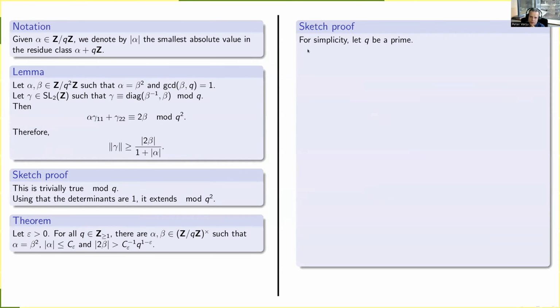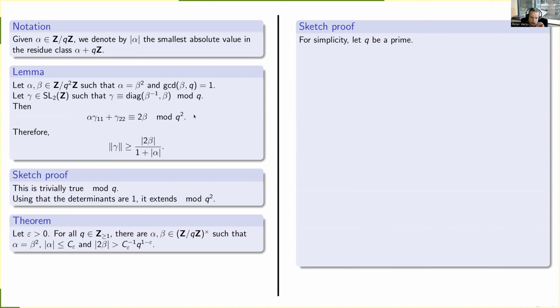Now, for simplicity, I will explain the proof of this theorem in the case when q is a prime. And now you might feel that I'm cheating because I said that the q in the theorem corresponds to q square in the lemma. But this is not very important. In fact, the proof that I'm going to explain is equally valid unless q has a lot of small prime divisors.